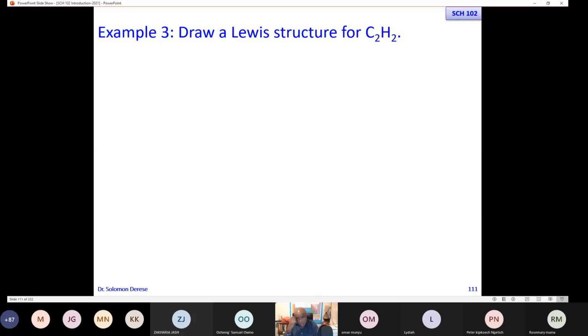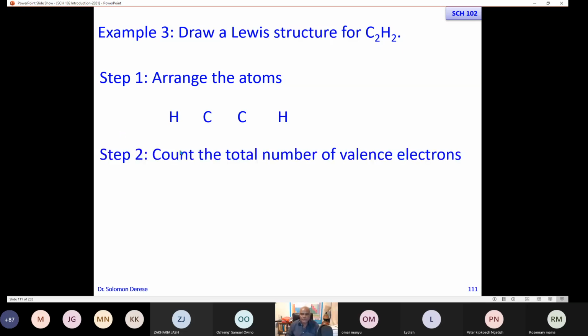Drawing a Lewis structure for C2H2, where you have 2 carbons and 2 hydrogens. First, arrange the atoms. This is how the atoms are going to be arranged, hydrogens on the outside. And then you count the valence electrons. 2 carbons, 2 hydrogens, like that, total of 10 electrons.